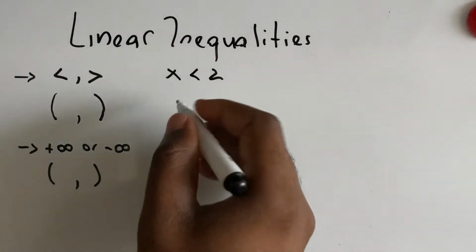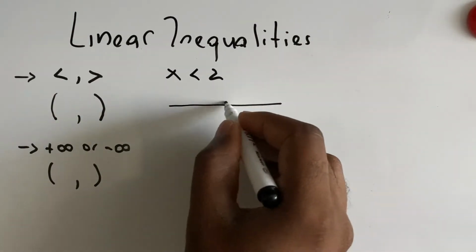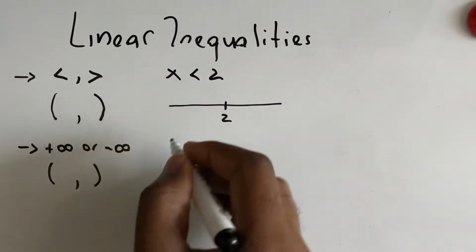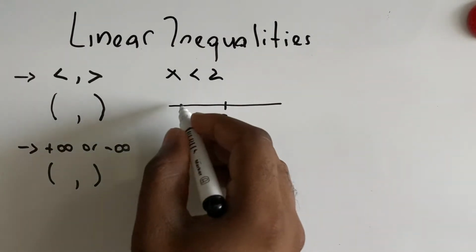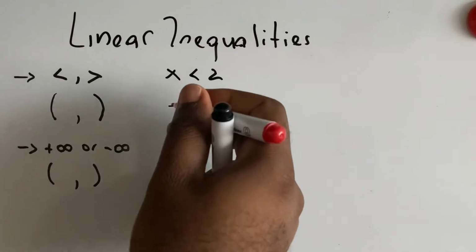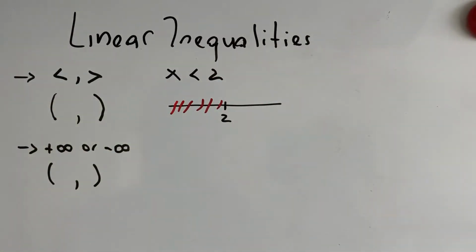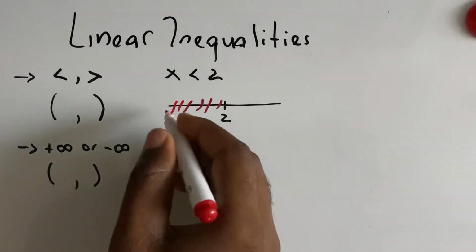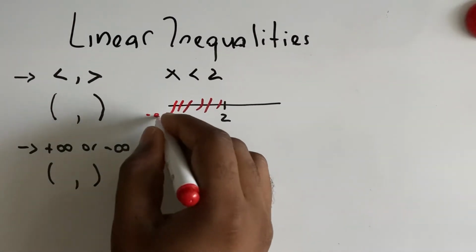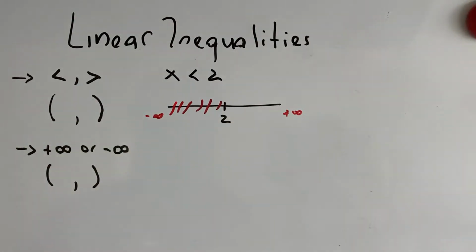Obviously, if you use the number line and you put 2 here, now x less than 2, that means you're going to pick values less than 2, on the left of 2. And you know that on the left you have negative infinity, positive infinity on the number line.